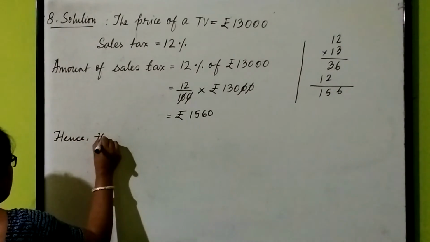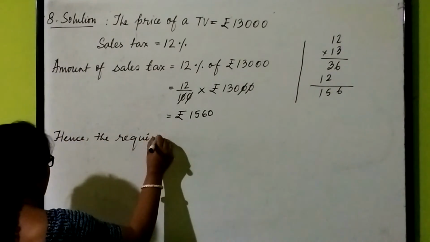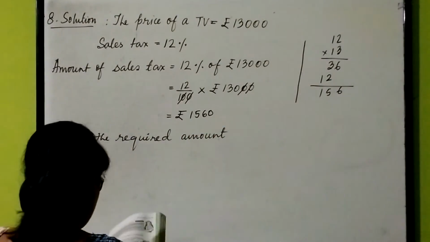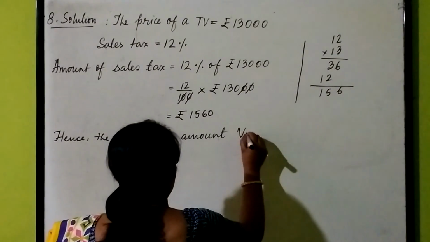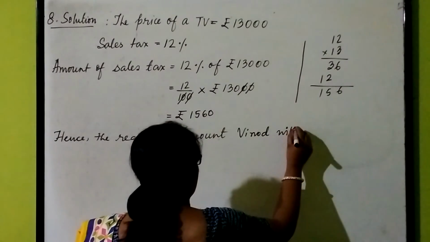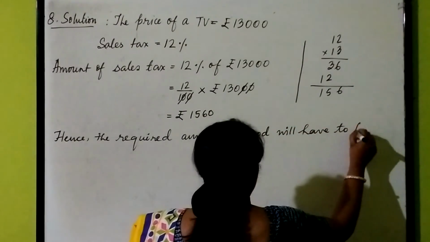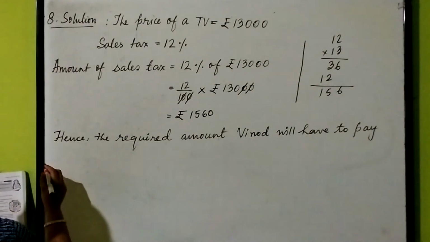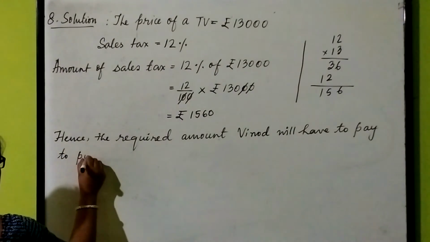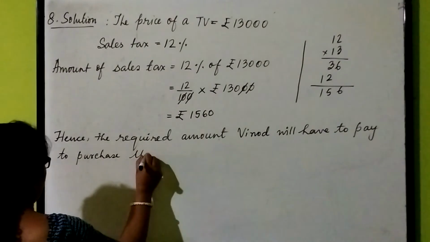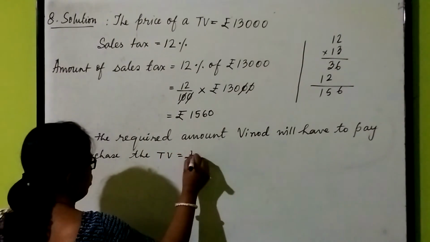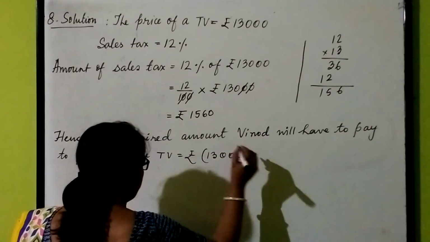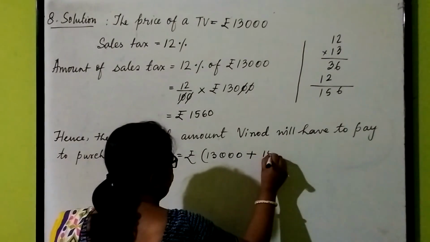Hence, the required amount that Vinod will have to pay to purchase the TV will be equal to rupees 13,000, the price of the TV, and the sales tax will be added to it, 1560.